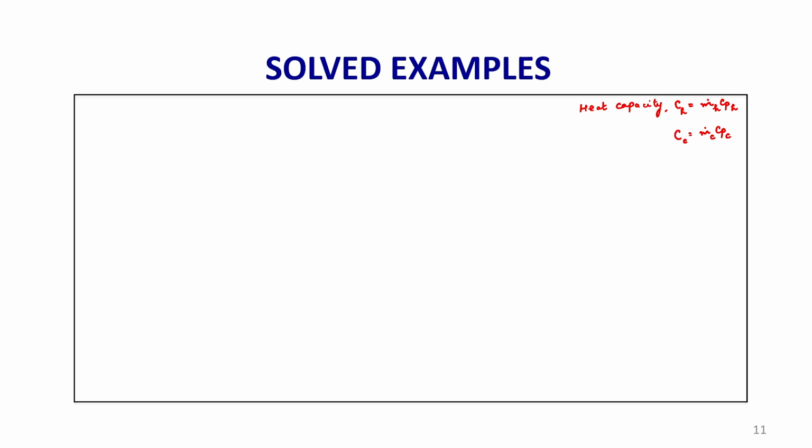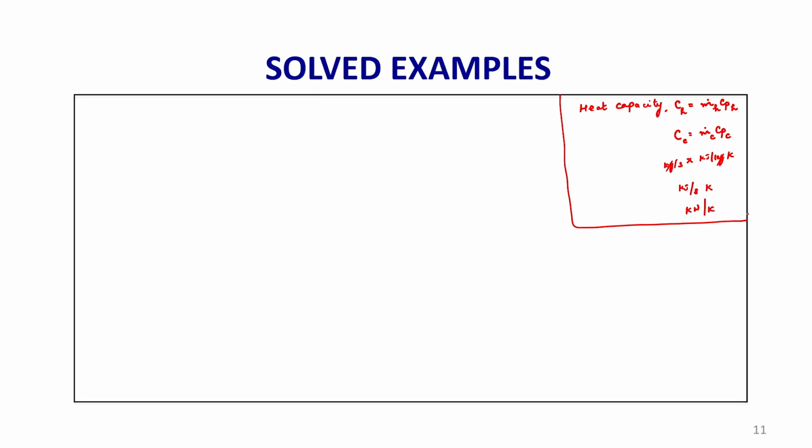The mass flow rate is in kg per second, specific heat capacity is in kilojoule per kg Kelvin. So kg and kg get cancelled, we get kilojoules per second Kelvin. Kilojoules per second is nothing but kilowatts, so the unit is kilowatts per Kelvin.